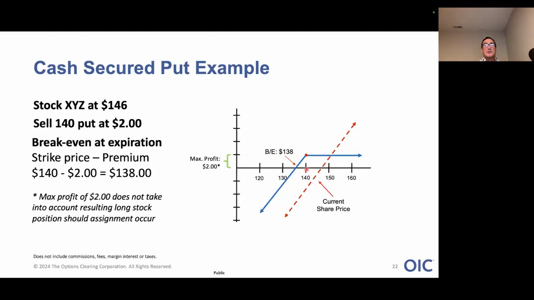So I would have to pledge $14,000 in an account to secure the purchase of these shares. Well, actually, I'm really only putting in $13,800 because I took in $2 by selling this put. So I have to basically pledge the difference between my strike price and the premium I took in, in an account with my broker, just in case I was to get assigned on this put. That's why it's called cash secured puts.